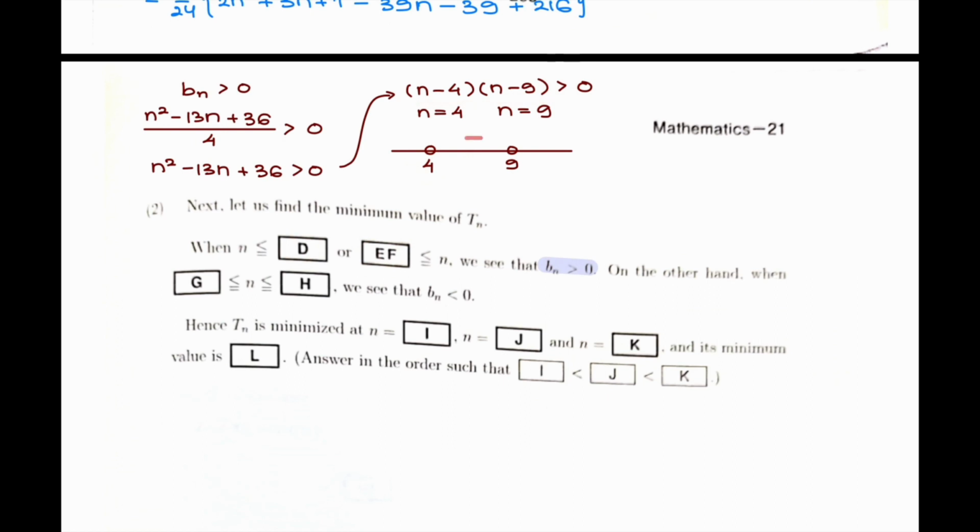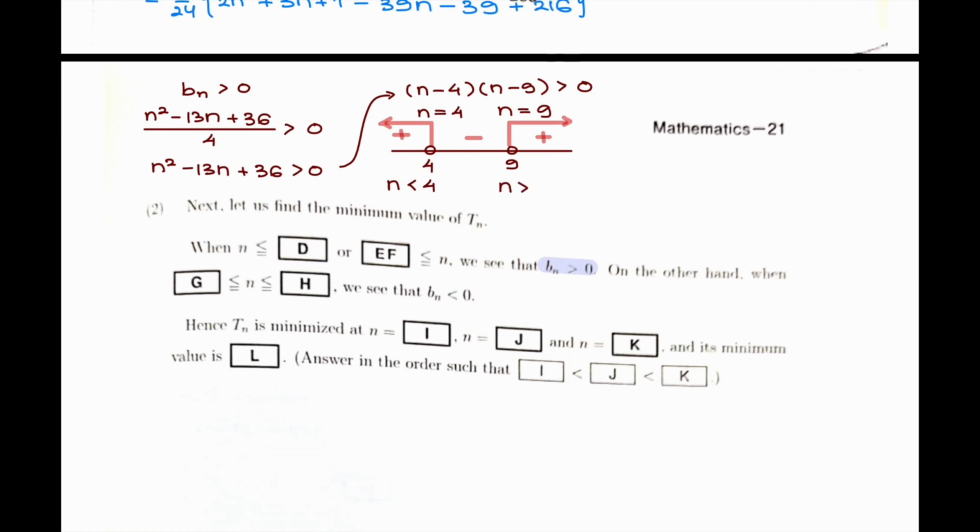That means the sign in the first and last regions is positive. Since I want to find the region where the inequality is greater than 0, I will take the positive sign. Therefore, n is less than 4 and n is greater than 9.